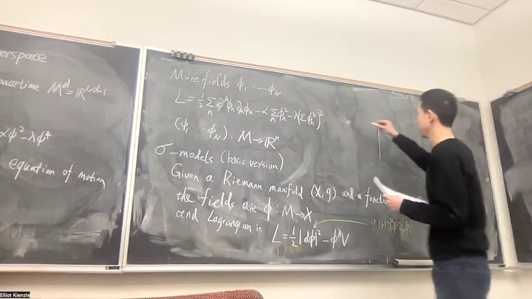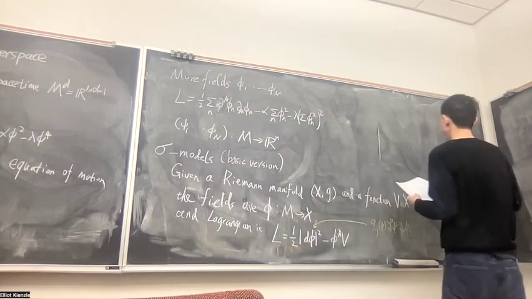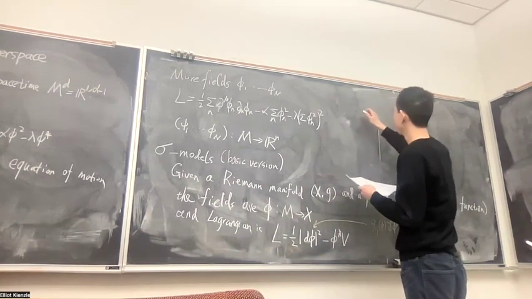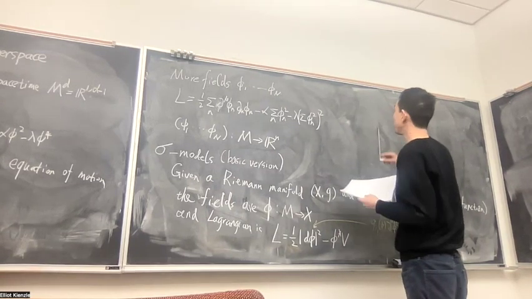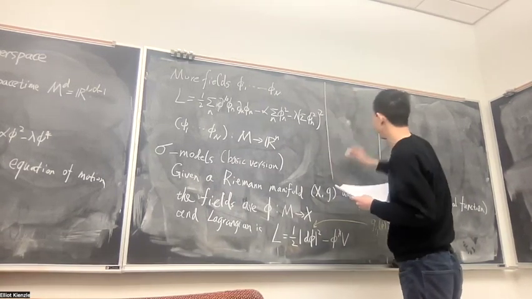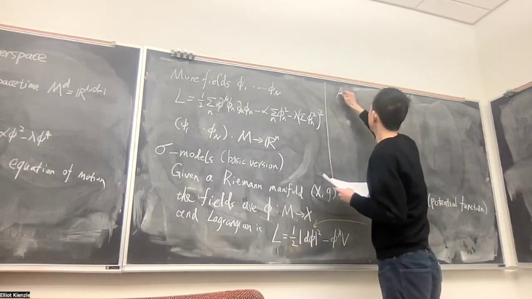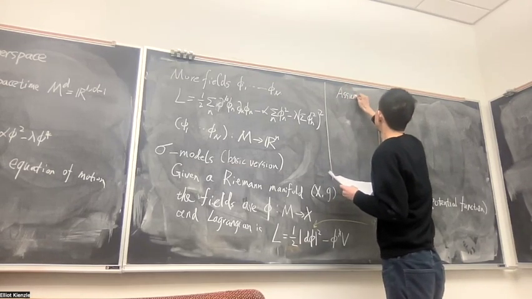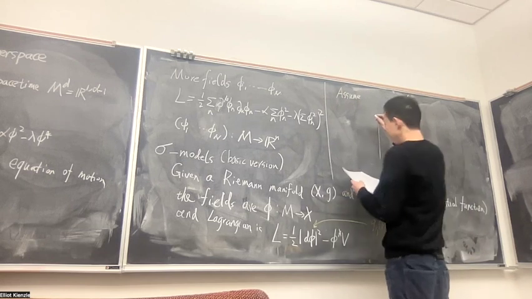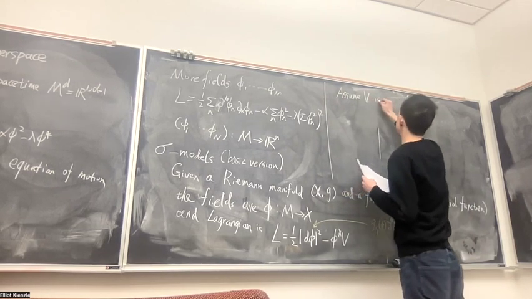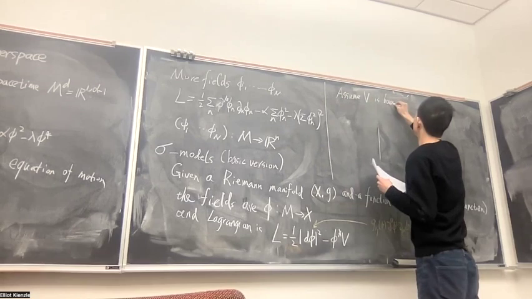One more thing about this sigma model: we need to define what's called the moduli of vacua, which will be relevant to us next time. So assume V is bounded below.